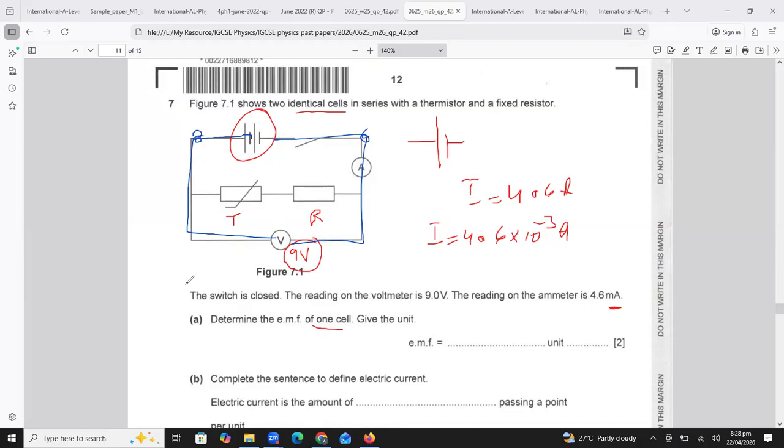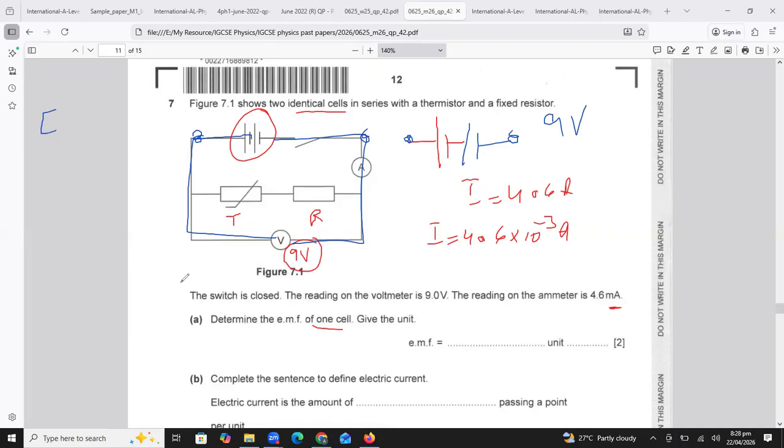Well done, Abdul Rafi. These are the two identical cells which are connected in series. So together they have a voltage of 9 volt. So it means each cell will have a voltage of 4.5 volt, because when two cells are connected in series, their EMF is always added.